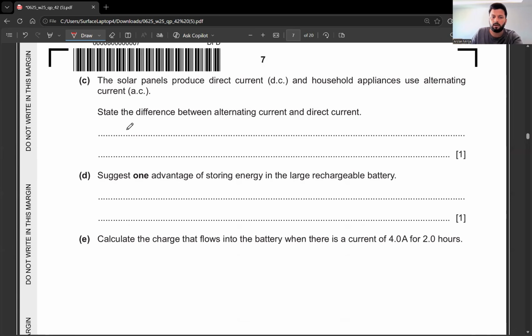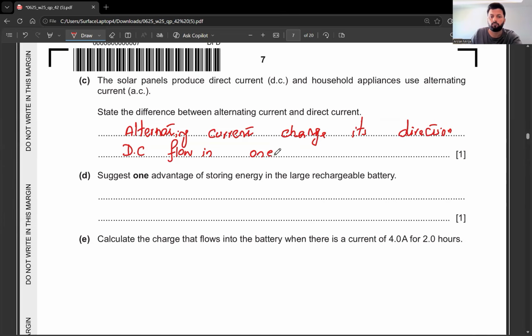So you can just write alternating current changes its direction, and direct current, or you can just write DC, alternating current AC, or direct current DC, flows in one direction. Or you can write in your own words.